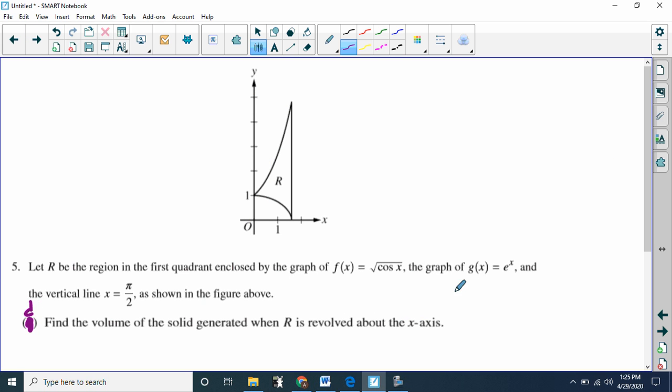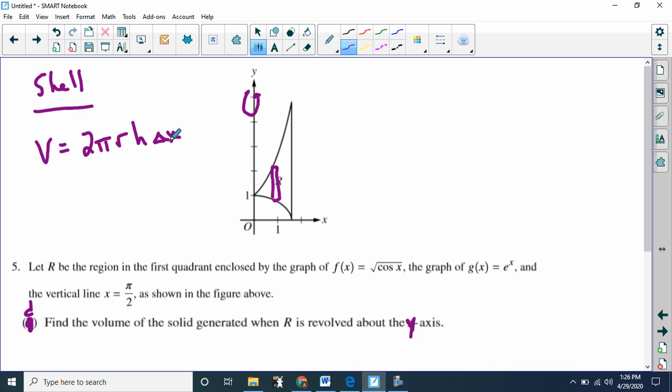Part D, let's revolve about the y-axis. So if we're going about the y-axis this time, now we're going about a vertical axis. If I take this area here and revolve it about this y-axis, this is going to be the shell method, and the volume of one shell is 2 pi r h delta x.